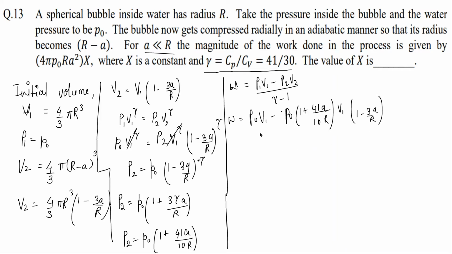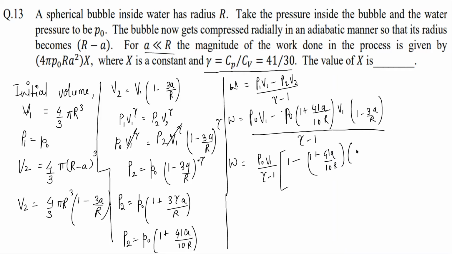So, divided by gamma minus 1. This work done comes out to be P naught V1 upon gamma minus 1, times 1 minus 1 plus 41a by 10r times 1 minus 3a by r.